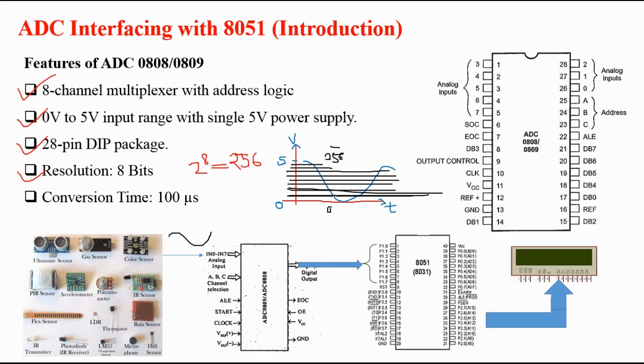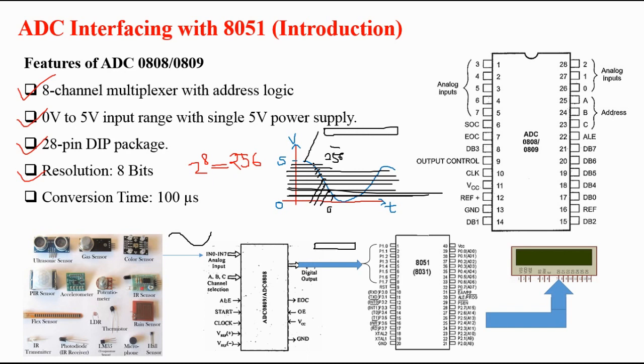and then the sample of each amplitude will be taken. The sample of this amplitude will be taken, and then that sample will get converted into its specific digital value. Let us suppose at the very beginning the sample of this is taken, that will get converted into digital, and then that digital value will be sent on the line.